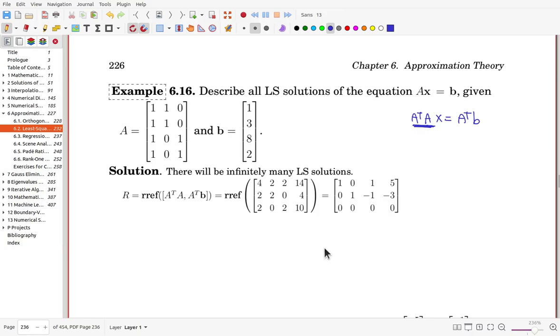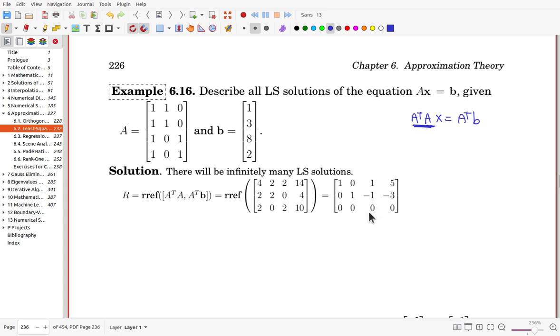So that is copied here for A transpose A and A transpose B. The augmented matrix we try to get the reduced echelon form, so we recheck that one.